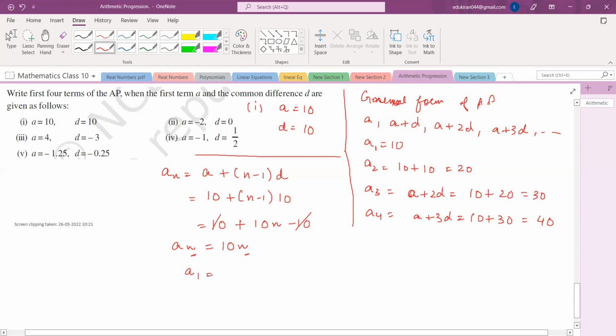So your a1 will become 10 into 1, your a2 will become 10 into 2, your a3 will become 10 into 3. This n is not a subscript, this is multiplication. And a4 is 10 into 4. So this is also another method of doing it.